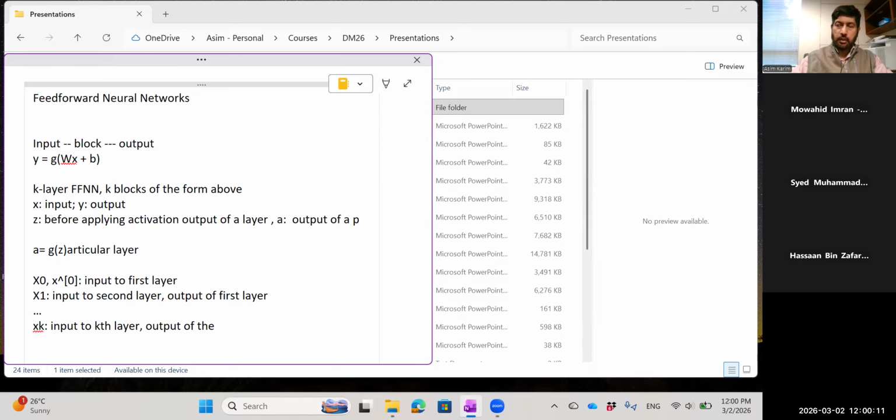So X1 is the first layer. एक second. ठीक है, आउटपुट ऑफ द फर्स्ट लेयर, ठीक है सही है। ठीक है, so this is the output of the kth layer, ठीक है, and of course this is the output.